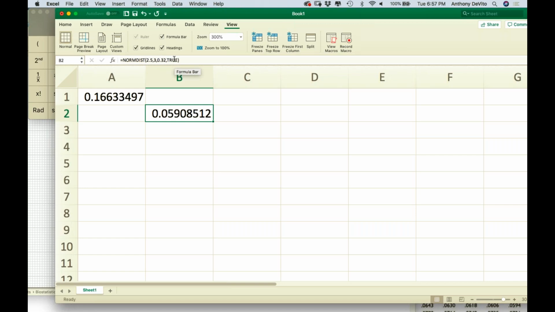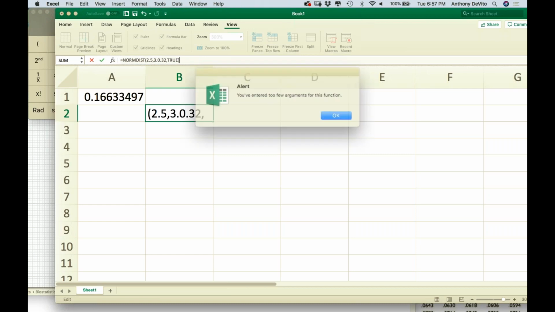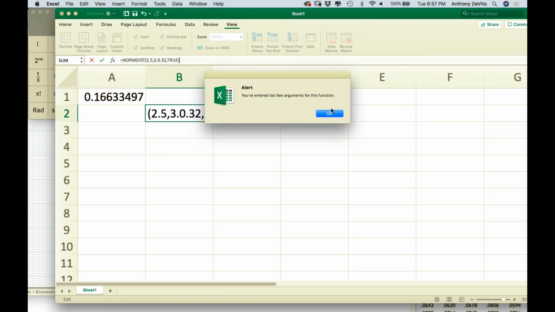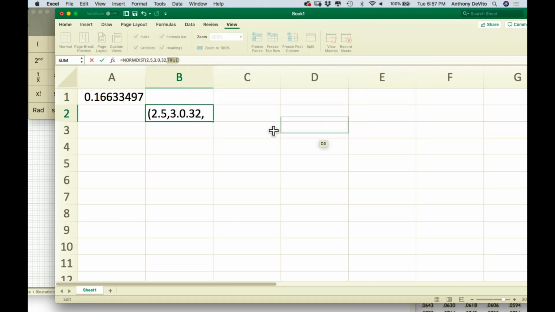2.5, 0.32. 2.5 is X, 3.0 is, oh, I know what I did there. I think that's a comma. Should be 3.0. That was a typo. Nope, maybe not. Let me try this again.